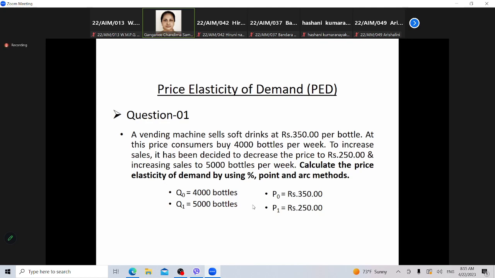Here 1 divided by 4 means 0.25. We'll keep as it is 4. 1 divided by 4 multiplied by, here it comes up 7 divided by 2, and 350 divided by 4,000 means 7 divided by 80.